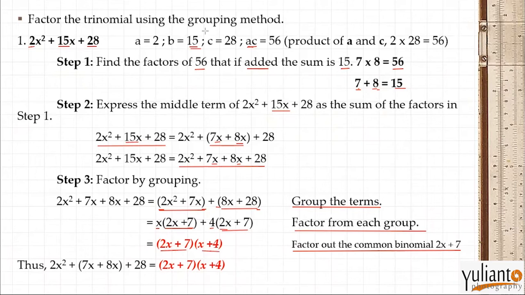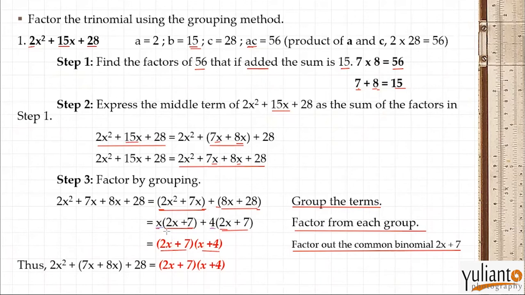Now you may ask, Miss, where did you get x plus 4? I got x plus 4 from our GCF. In the first term, we have x, and then we have here 4. That's all you need to do.